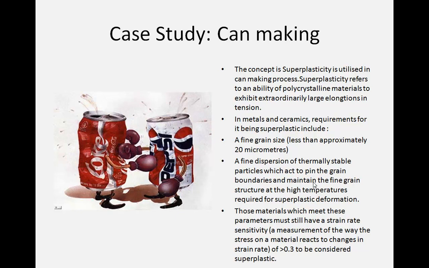Superplasticity refers to the ability of polycrystalline materials to exhibit extraordinarily large elongations in tension. For that, the material should have a fine grain size, a fine dispersion of thermally stable particles which act to pin grain boundaries and maintain the fine grain structure at high temperatures, and finally it should have a strain rate sensitivity of greater than 0.3 to be considered superplastic.